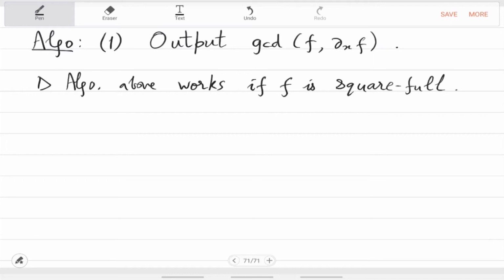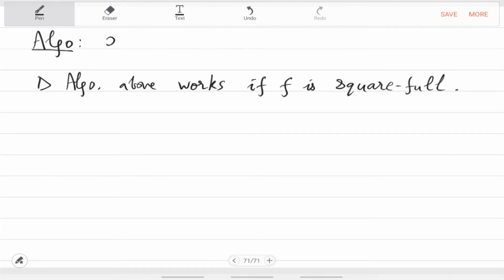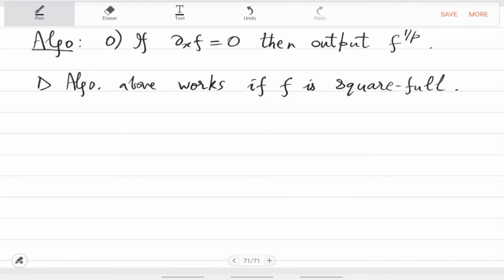The case of the derivative being 0 also I should somehow capture here. Let me change this. Output should be f divided by the GCD of f and the derivative of f, if the GCD of f with the derivative is non-trivial.